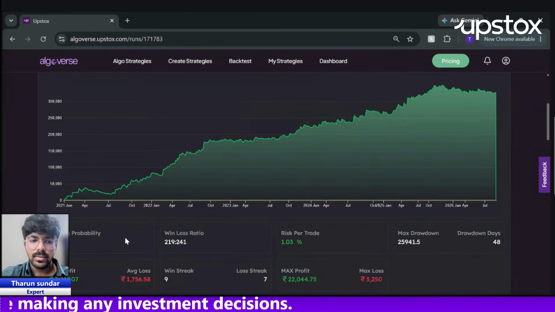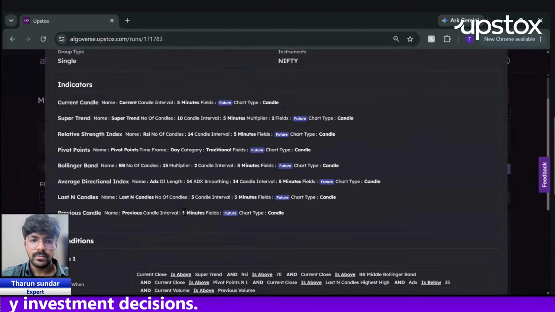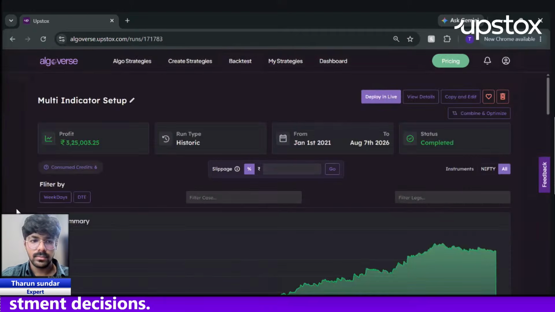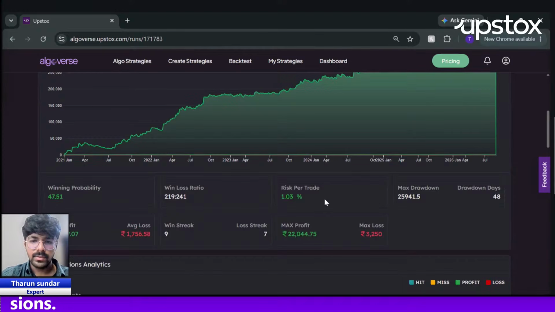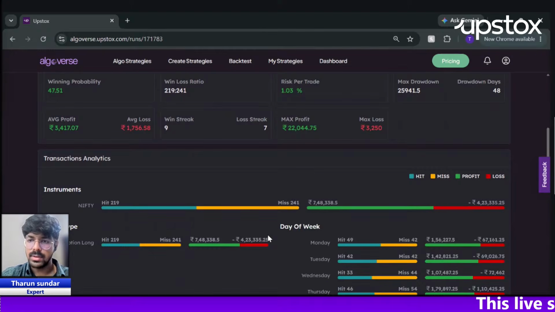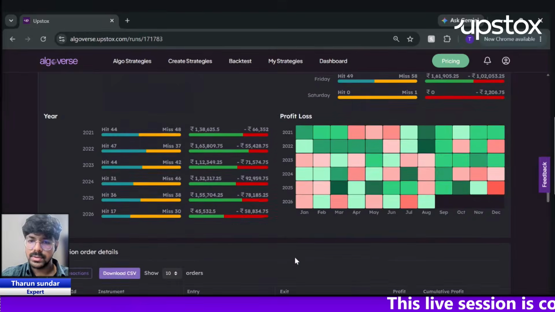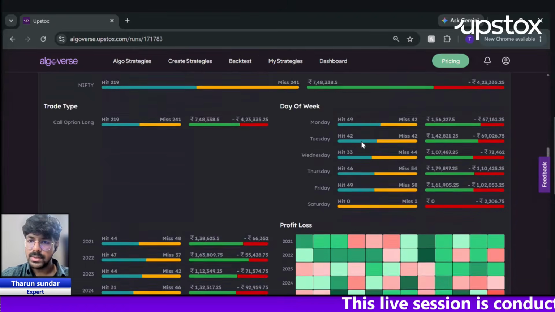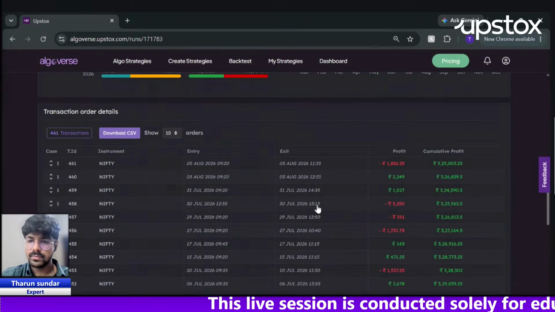I can see this is the result I got for that particular condition: 47% win rate, 26,000 drawdown over 48 days. And I can see how the strategy performed across the years and across multiple days also, how it performs on each individual Thursday and everything.